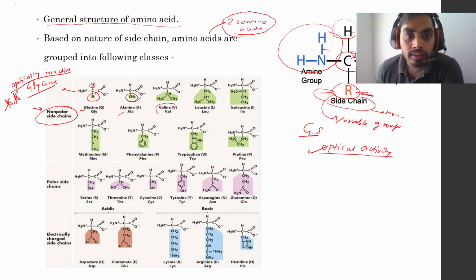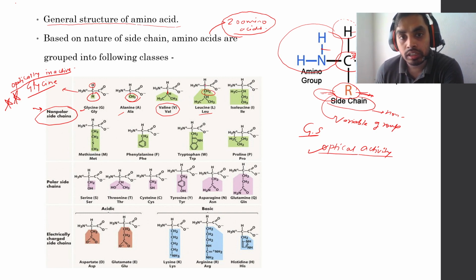In case of valine, it's isopropyl, because the carbon is attached to the second carbon, so it's an iso group, isopropyl. Similarly, in case of leucine, it's isobutyl.